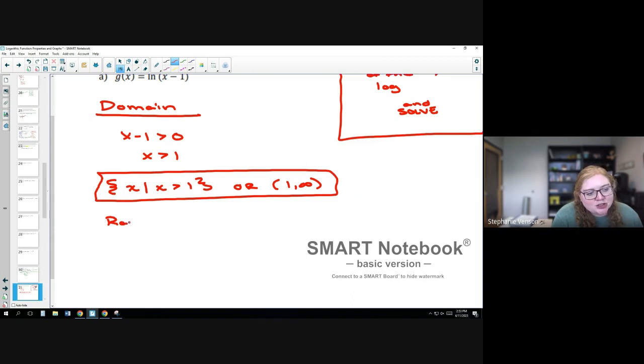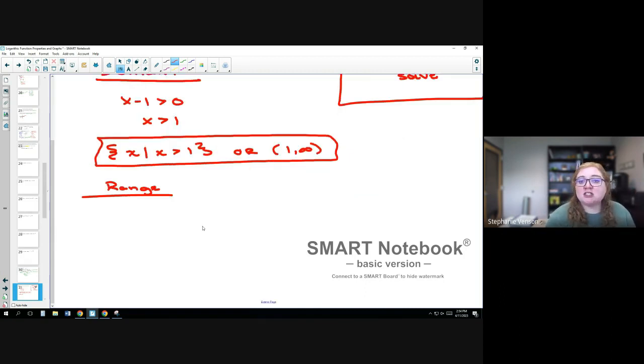Now the range is incredibly easy because it does not matter what your logarithm is, the range is always negative infinity to positive infinity. Depending on how they ask you for it, it's either going to be all real numbers, or in interval notation, you would put negative infinity to infinity.